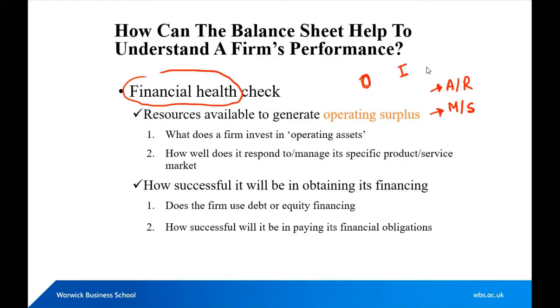We get cash flows from operating activities, obviously, and we also get cash flows from investment activities, but investment activities is not our operating part, it is our non-operating part. Yes, marketable securities is related to investment activities.